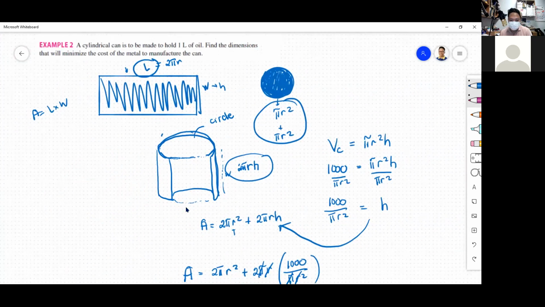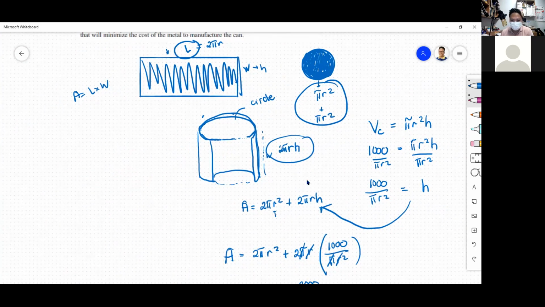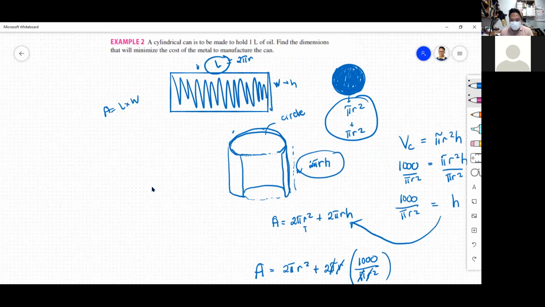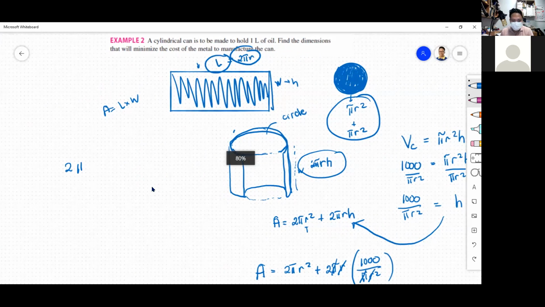So the dimension guys would be, ang length kani 2 pi r, so that's 2 pi times 5.42. Transfer na sir, no? Mo transfer sir?